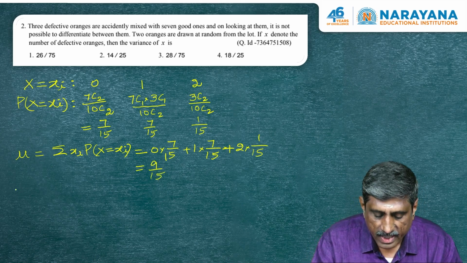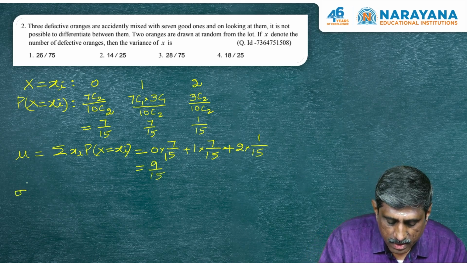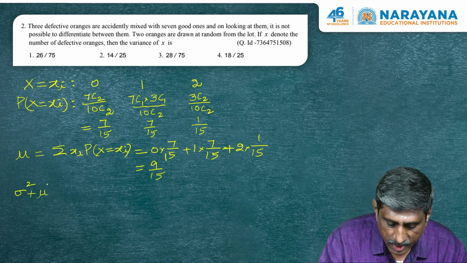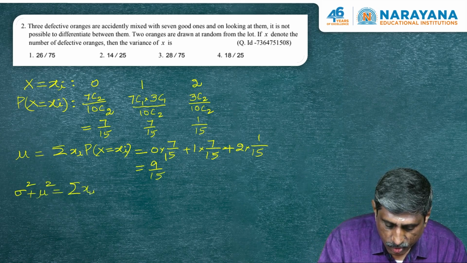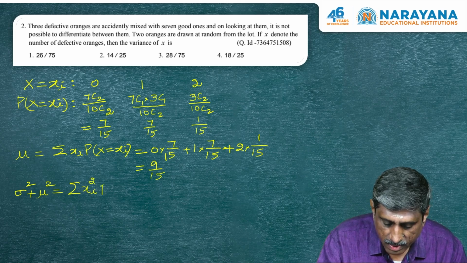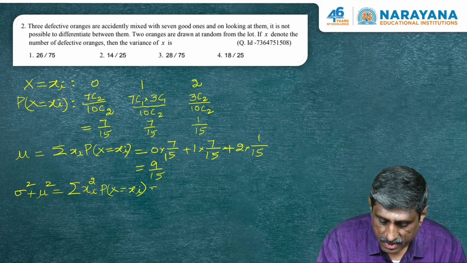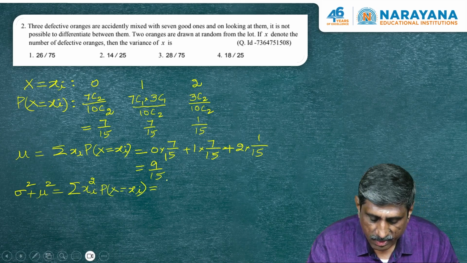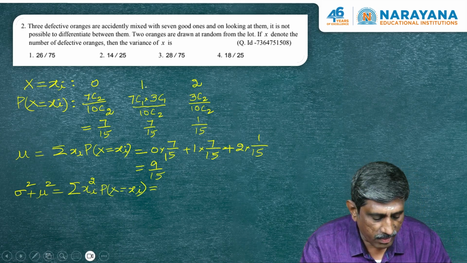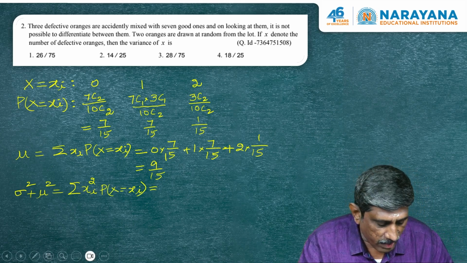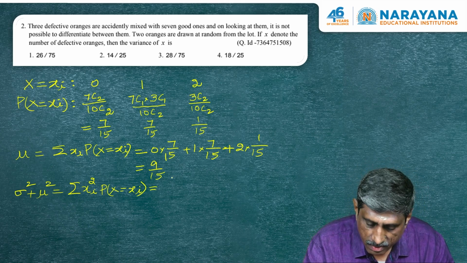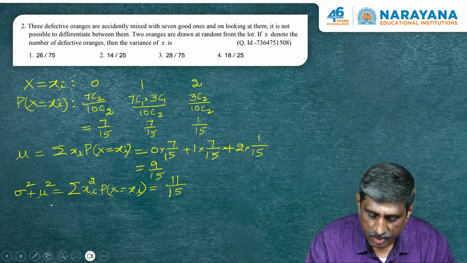To find out the variance, let us find sigma square plus mu square, which is equal to sigma xi square into p of x is equal to xi. Similarly, when we simplify this, 0 square into 7 by 15, 1 square into 7 by 15, 2 square into 1 by 15, on simplification we are getting 11 by 15 as the value of sigma square plus mu square.